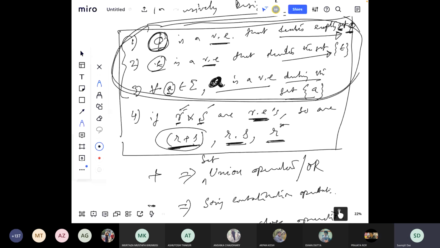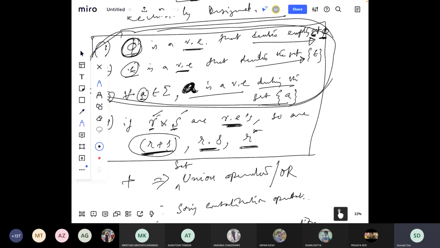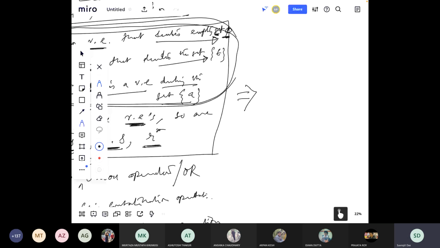So there are several proofs, and I would like to go through them, but I'm afraid that if I start now, I'll be wasting much time. If anybody is interested, this corresponds to an algebra that I was talking about in the last portion of the last class, and that is called Kleene algebra.